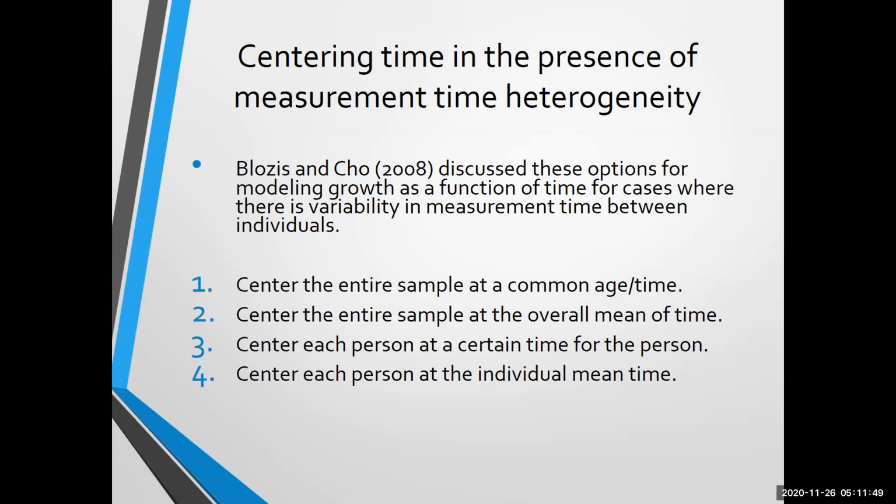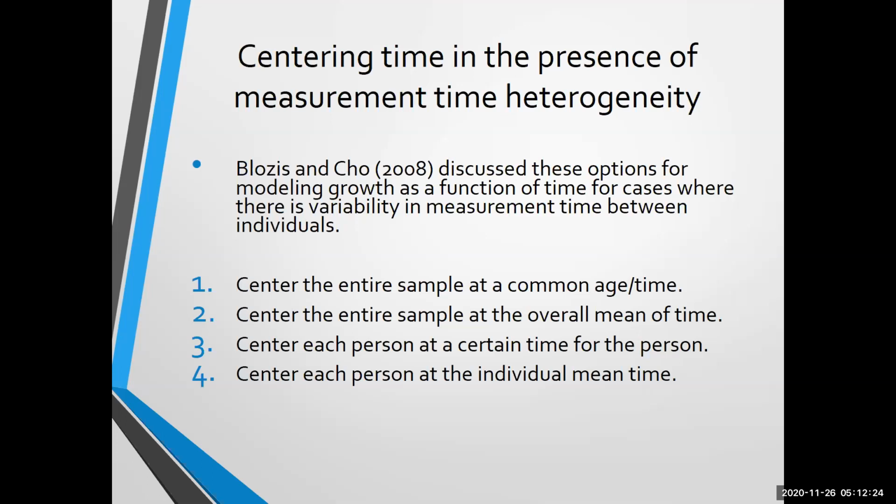In my example of a data collection at early childhood centers, if you don't center the data, 0 would mean a child that's a newborn, and you may not want the intercept to be the status of, I don't know, reading achievement when the child is a newborn baby. So you have options for centering to change the interpretation of the intercept.